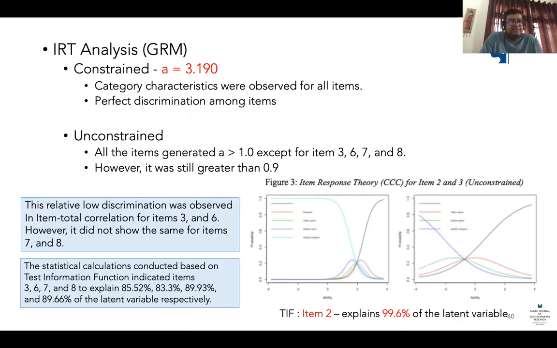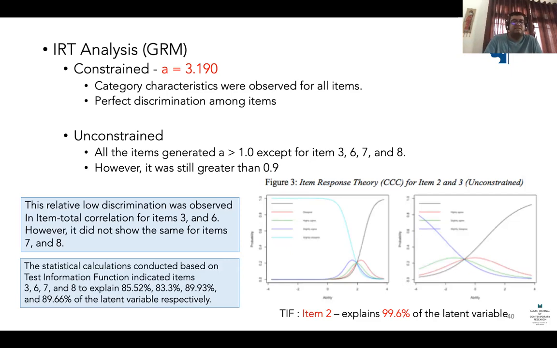In the unconstrained one, where the discrimination was not held constant, almost all the items generated values more than 1.0 for the discrimination. However, items 3, 6, 7, 8.